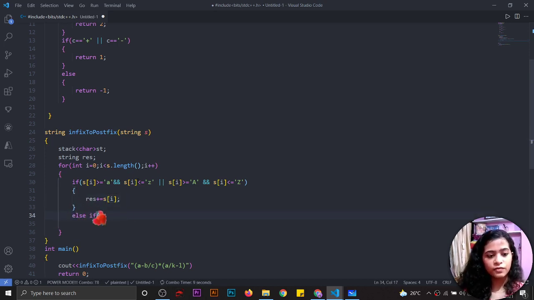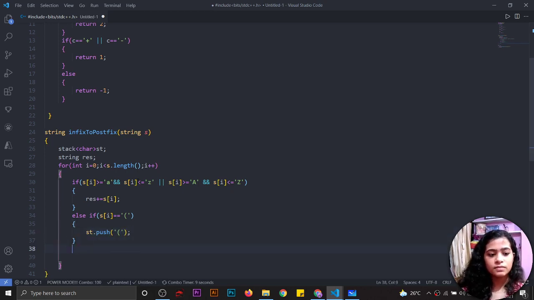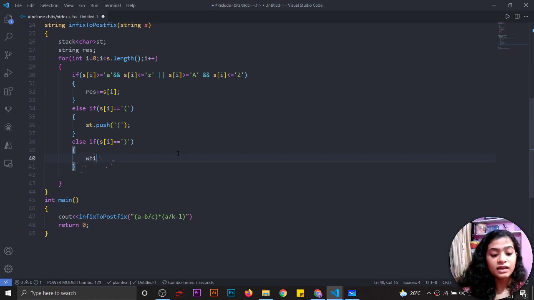Then else if s of I is an opening bracket, we will push it into the stack, st dot push this opening bracket. Then if s of I is the closing bracket, now we will check whether stack is empty or not.